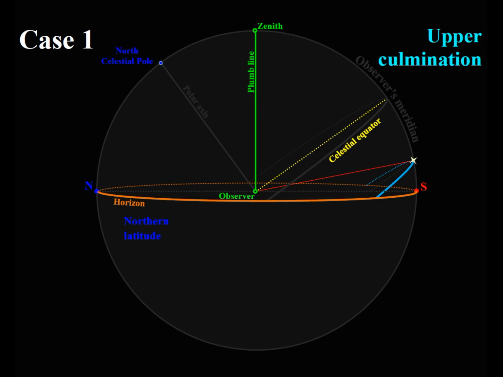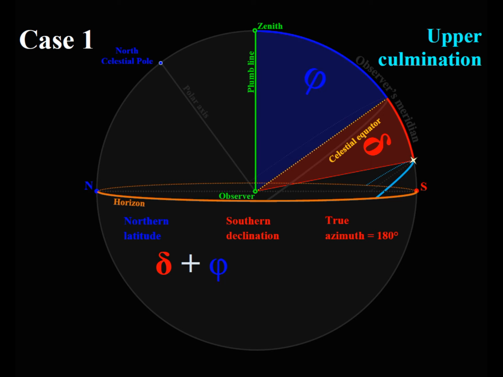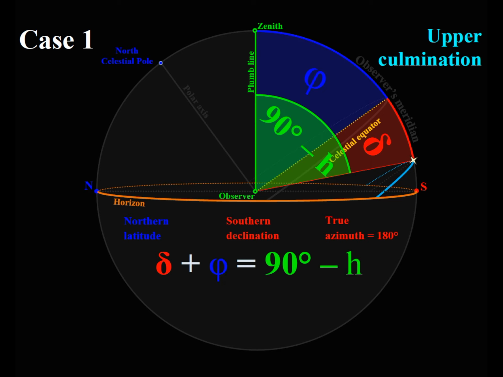First case. You are in northern latitudes. The true azimuth of the star you see at upper culmination is 180 degrees. The observed star has a southern declination. The sum of declination and latitude in this case corresponds to the zenith distance.